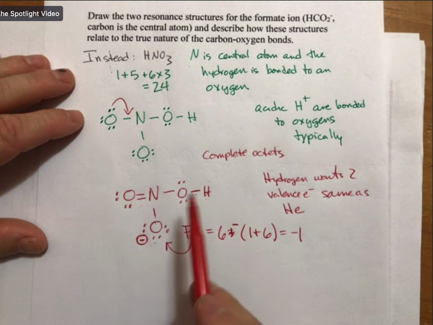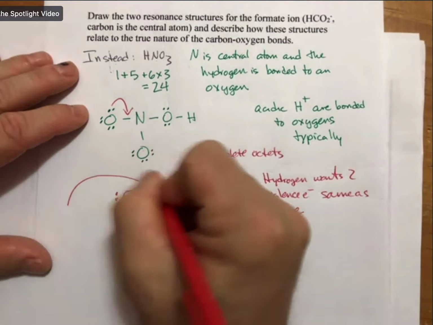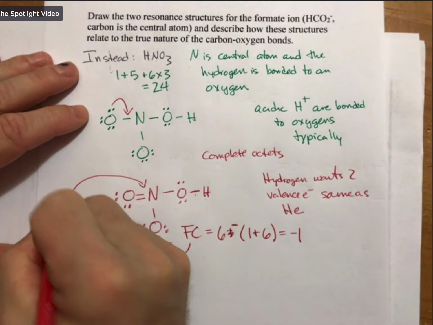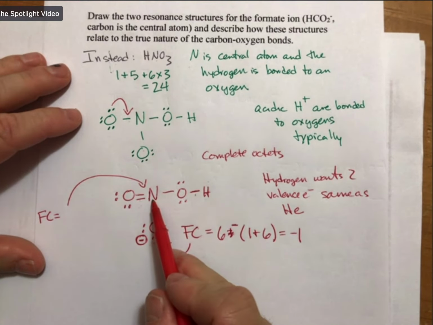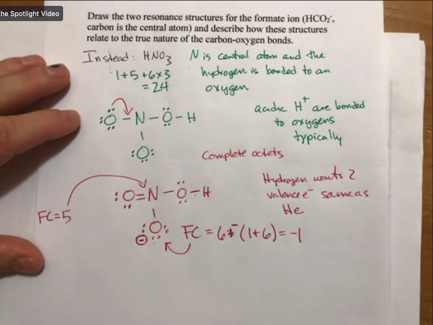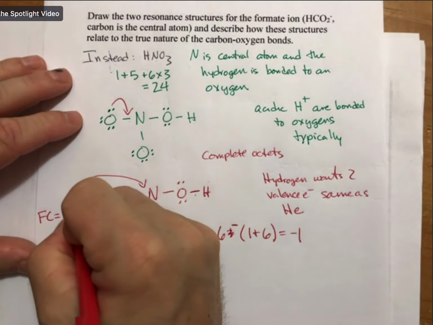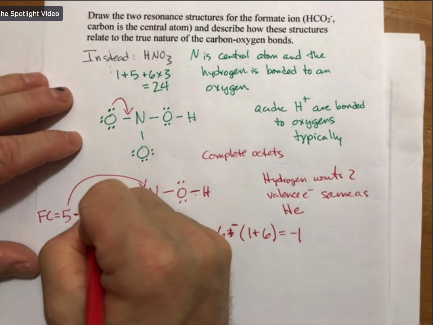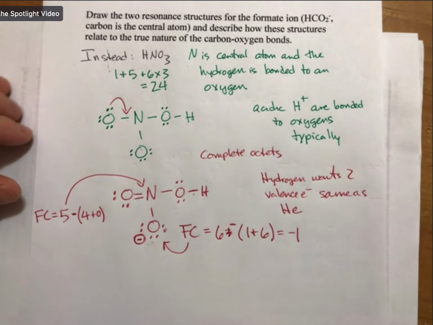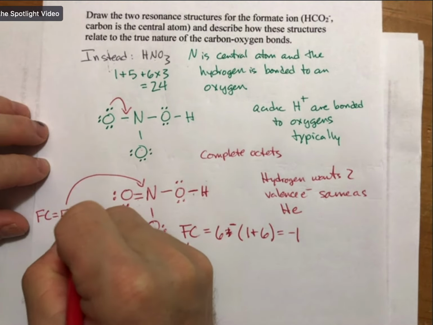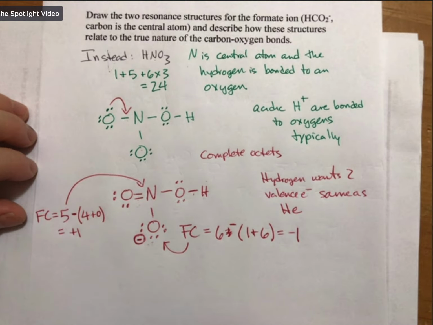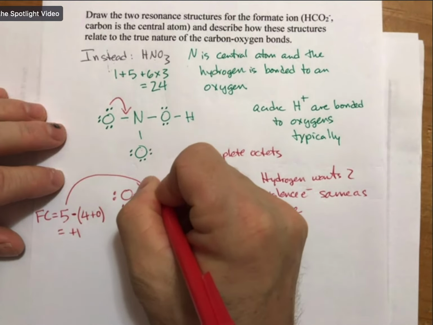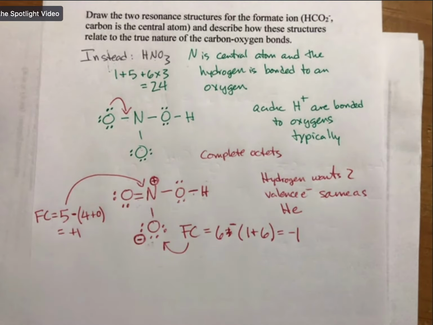Now we do a formal charge on the nitrogen. It's in group 15, so it has 5 valence electrons from the periodic table. It has 4 bonds plus 0 unshared electrons. Its formal charge is +1. And so we put a little plus here. Now, we want to minimize formal charge.